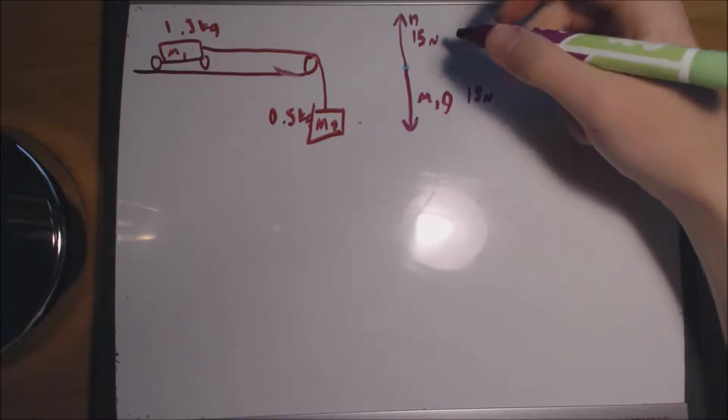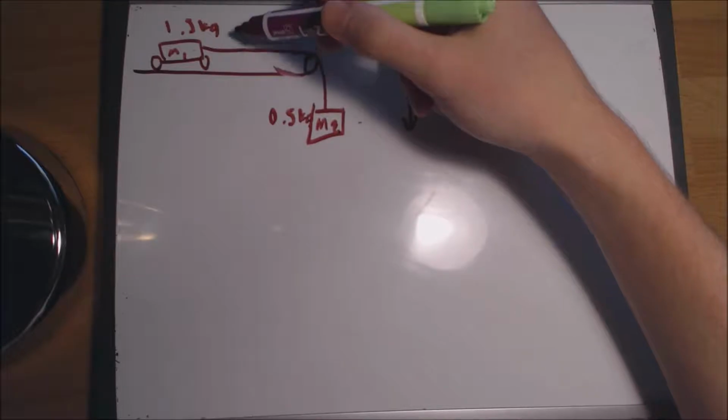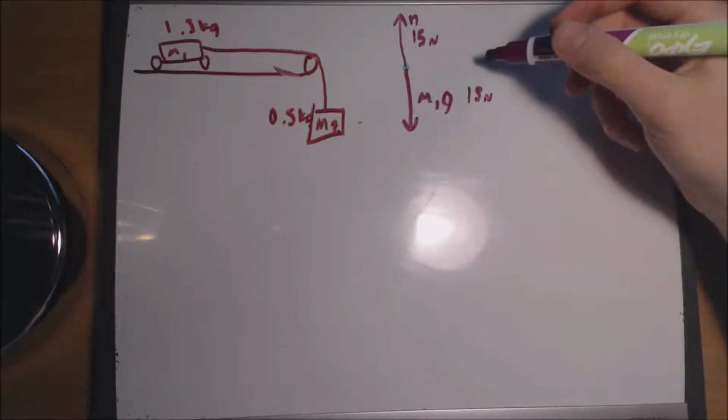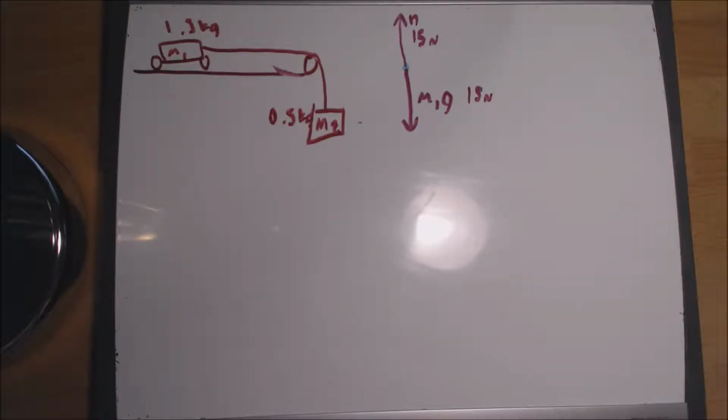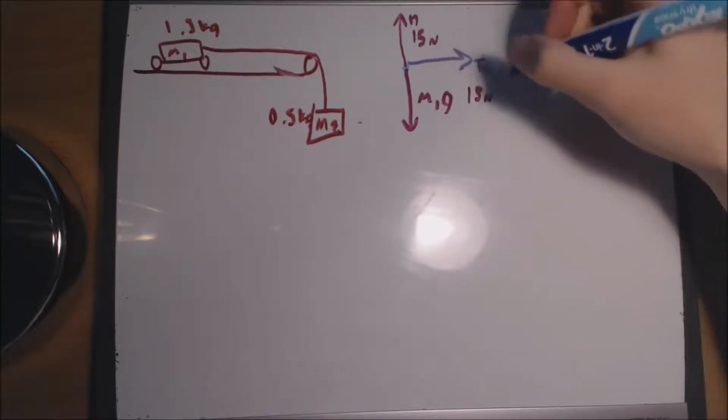That's just going to be N. We know these are equal because our acceleration is 0 in the vertical direction, so our forces must be balanced. We also have T, which is the tension of the string pulling an unknown amount at the moment.